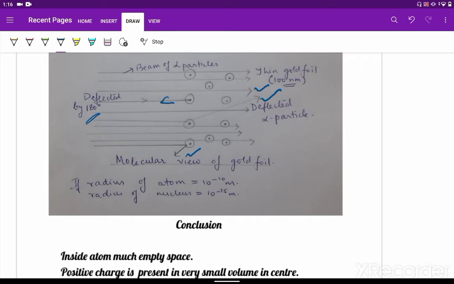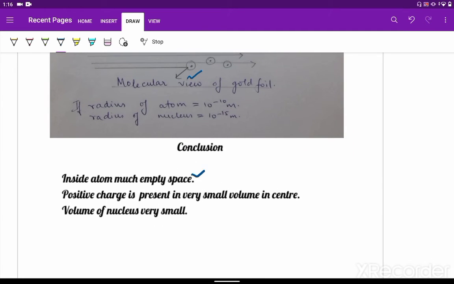Same thing happened here. The alpha particles which traversed in a straight line were very high in number. It means that inside the atom there is much empty space. Most of the part of the atom must be empty. That's why the alpha particles are passing straight.